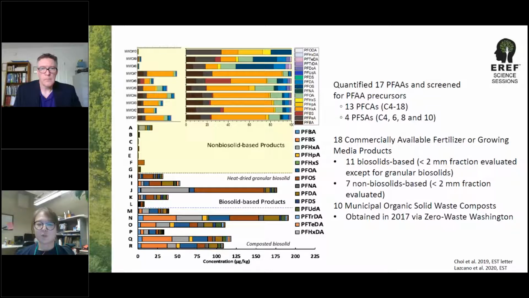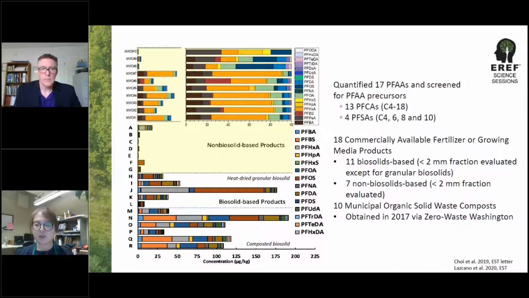The most of the compost was biosolid based product, and we could see a lot of PFAS. The difference between the municipal waste-derived compost and the other compost was that we collected biosolid-based compost in 2014, but we collected food or municipal waste-based compost in 2017.